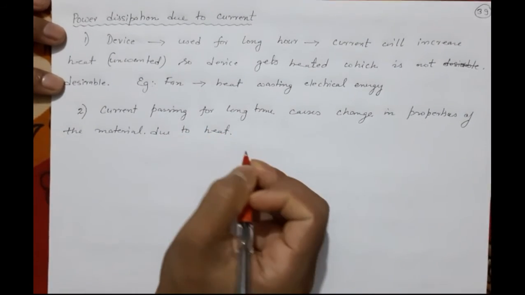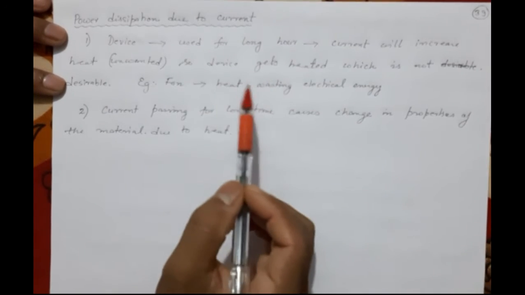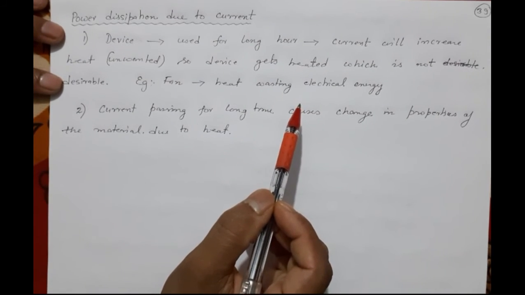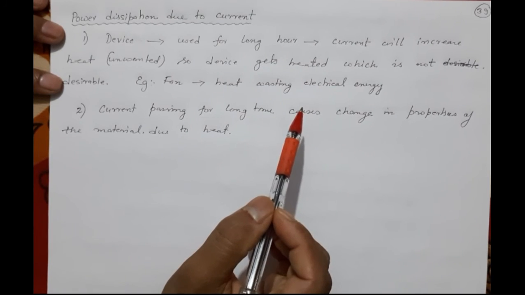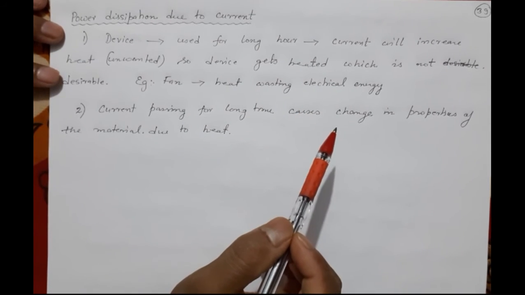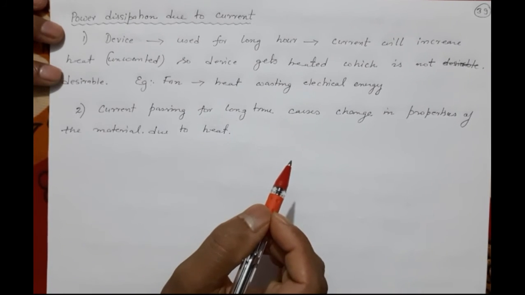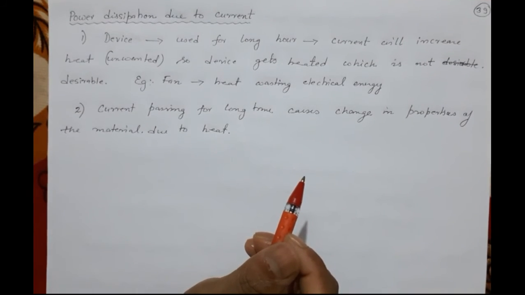For example, when we are measuring current with the ammeter, after some time the nichrome wire, with current passing through it for a long time, gets heated and the reading gets different because of that long time current passing through it, which is making extra current.